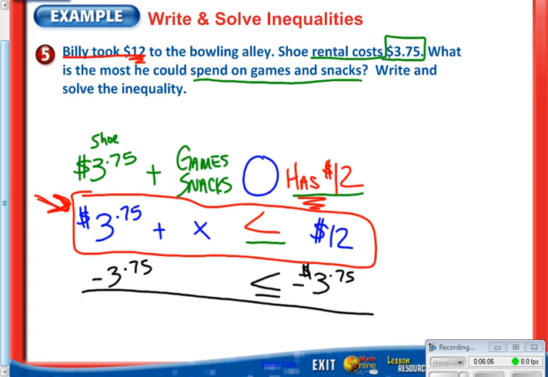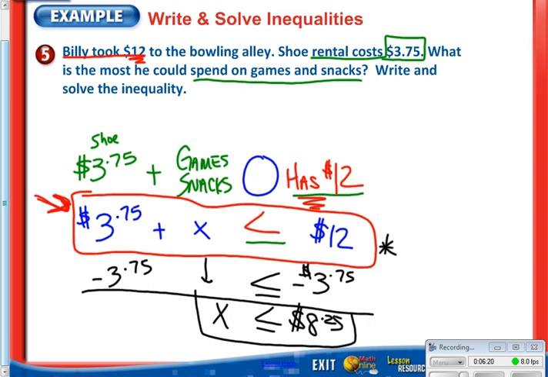The 3.75s would cancel. x would drop down, so we have x is less than or equal to $8.25. So that is the second part of our answer. There's one, there's the second part, writing and solving. 12 take away 3.75. This concludes 8.7, solving addition and subtraction inequalities.